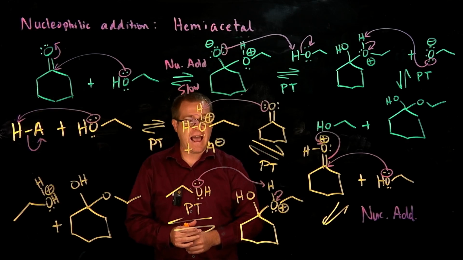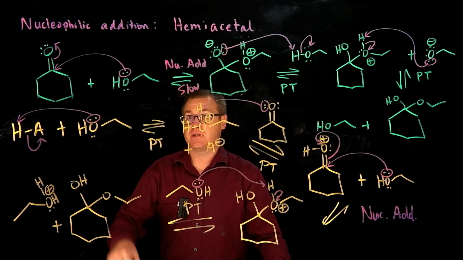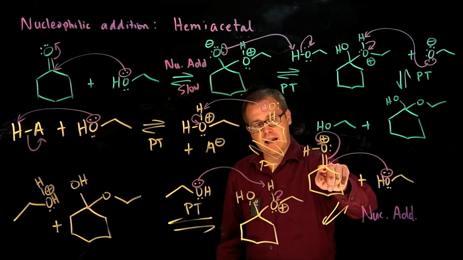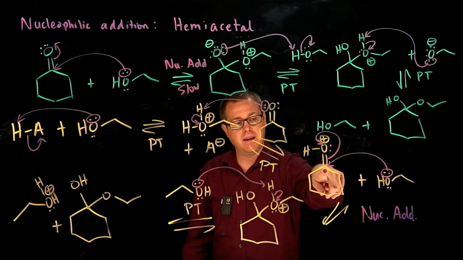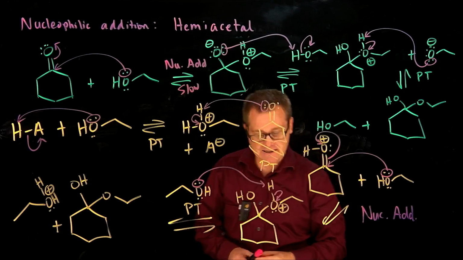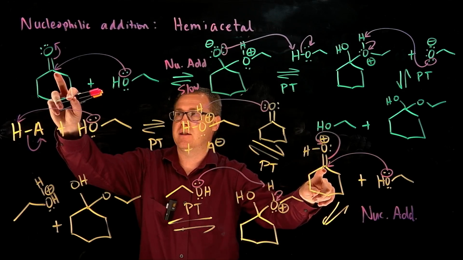So why does the acid catalyzed reaction form faster than no catalyst? Because we were making that carbonyl carbon more electron deficient. And so it's going to be more reactive. Now, you may be asking, why is that carbonyl carbon more electron deficient than this one?